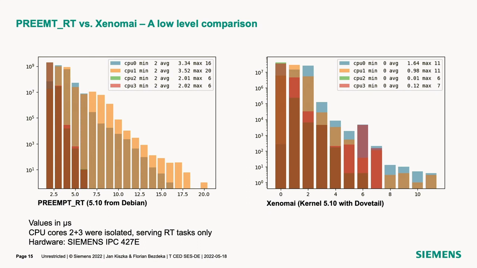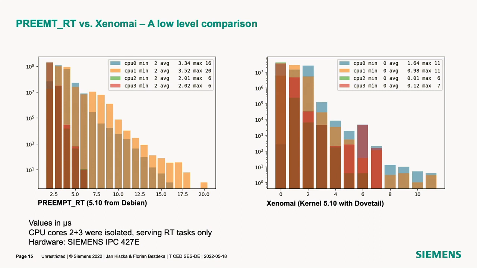So we isolated 2 of our cores for real-time workload, which means the Linux scheduler won't touch those CPUs. So only tasks which are explicitly moved to these CPUs are executed there, so there is no contention from other tasks on those CPUs. And the tests for Xenomai were repeated with the same system and isolation configuration.